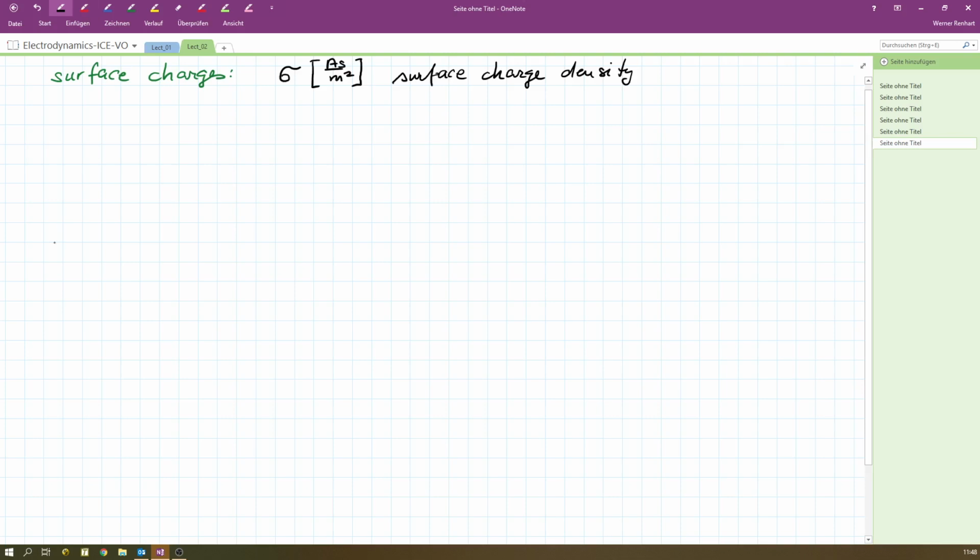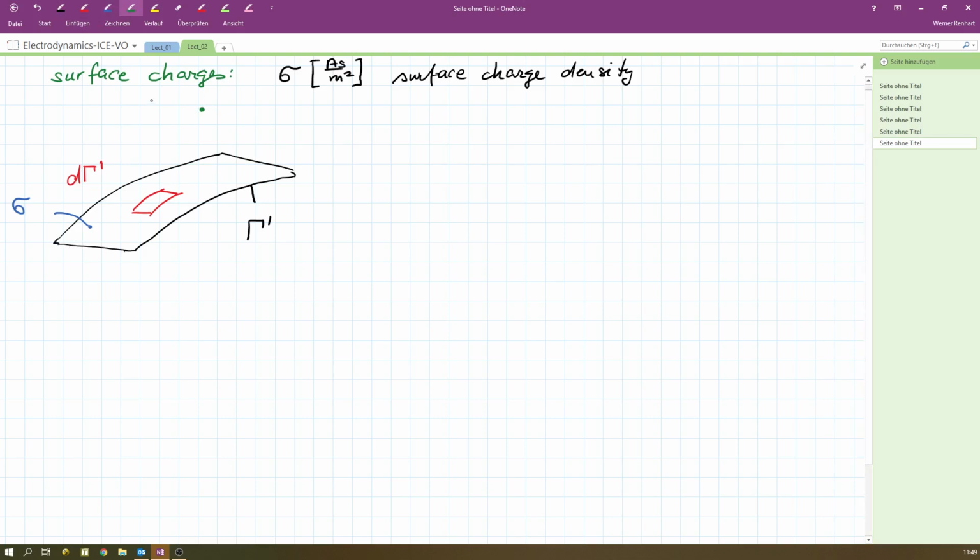Then we have the following relation. We have some surface in some way arbitrarily formed. This may be our source domain gamma prime, and inside this we have some infinitesimal small delta gamma prime, and a given sigma, a distribution of the charges along the surface is given, and in any field point we have to establish a relation.